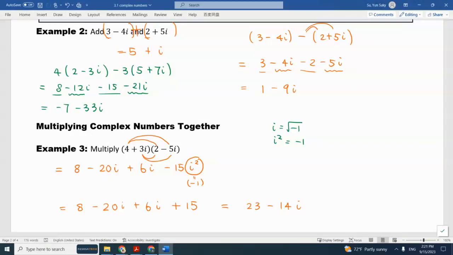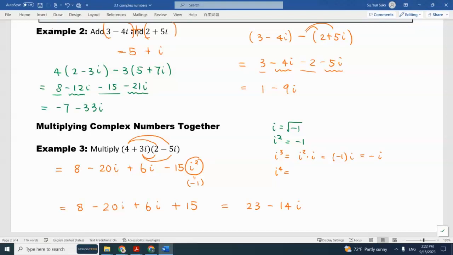So, actually, i is the square root of minus 1. i squared is minus 1. And you can keep going. So, you get i cubed is like i squared times i. Do you agree? And replace i squared by minus 1. So you get minus 1 times i is minus i.